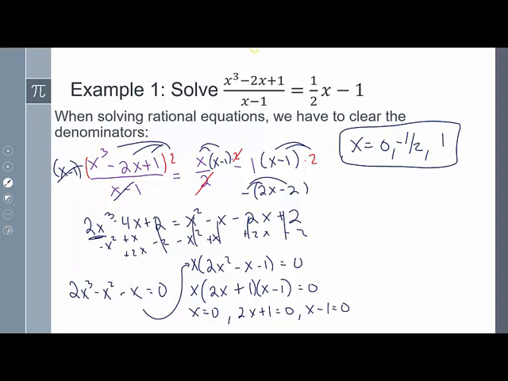Well, I get negative 3/2 in the denominator. That's not undefined. If I plug in 1, I get 1 minus 1, which is 0. And so because of this 1 here, I'm dividing by 0. We can't do that. And so therefore, this cannot be a representative solution. So 0 and negative 1/2 are our only remaining solutions that work.